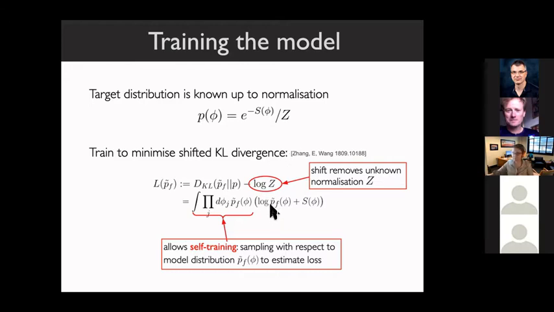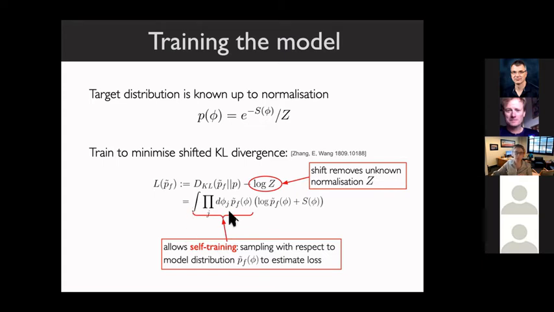And you can write down this in a form such that you can get stochastic estimates of this difference between distributions only by sampling from the model distribution itself. So here P tilde is the model distribution, and you can compute this only knowing the action computed on your configuration and the model distribution P tilde, drawing samples from the model.